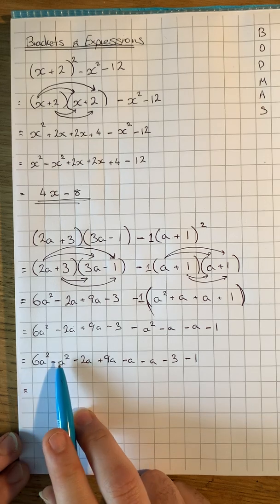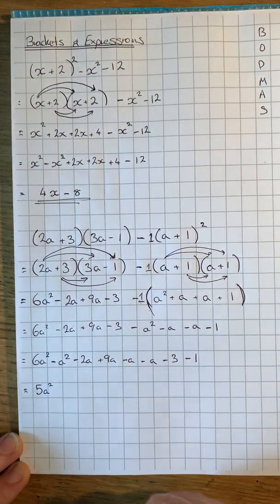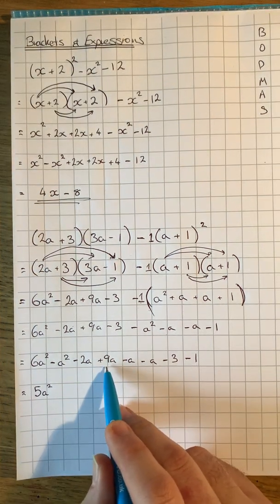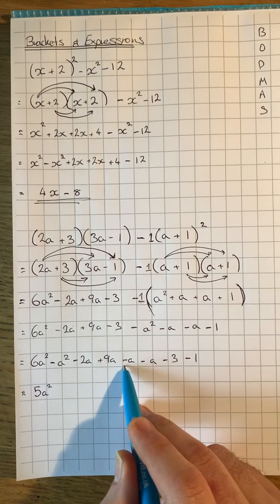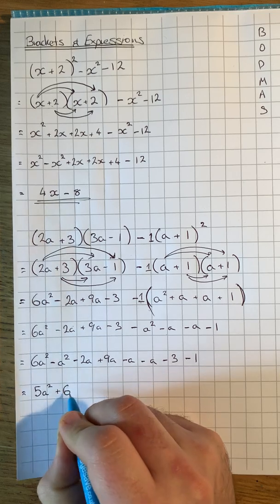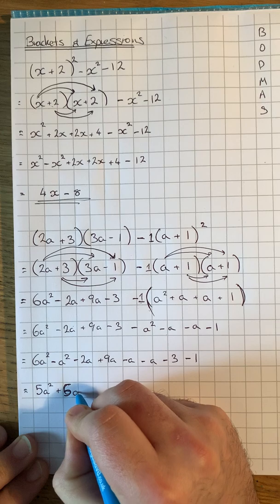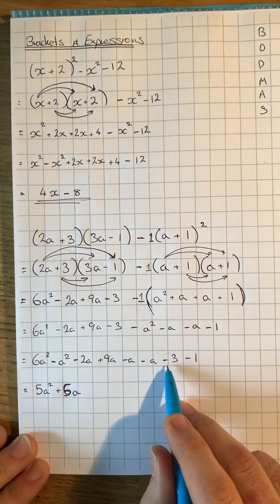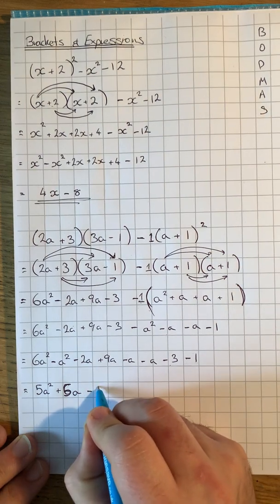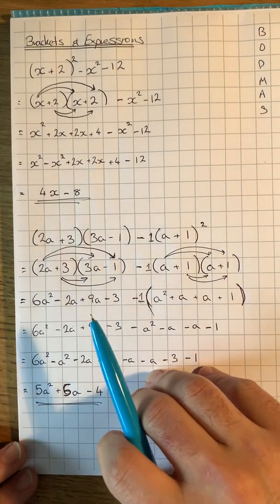So 6a squared subtract an a squared will leave us with 5a squared. −2a add 9a will give us 7a. Take away an a gives us 6a. Take away another a will give us 5a. Then we have −3 subtract 1 to give us −4. So we just did our wee tidying up there.